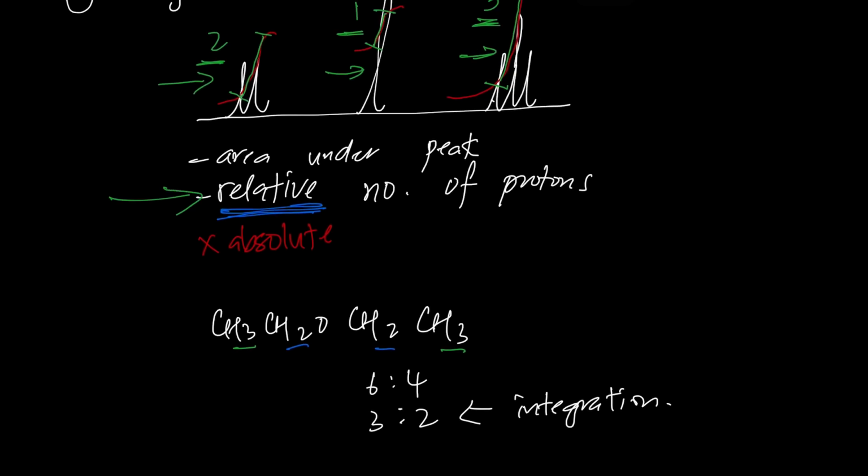So if you have a structure that gives two signals, and the two signals are given by 9 and 3 protons, the integration for these two signals will be 3 to 1. So this is another useful piece of information that we can get from Proton NMR, the integration.